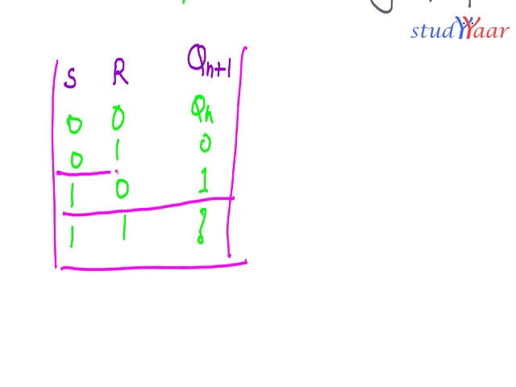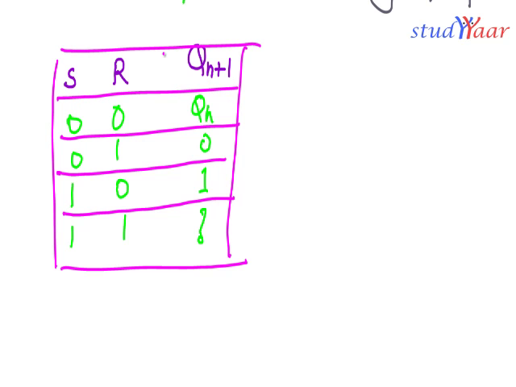So this is your truth table, or in other words, I call such a truth table where I have input variables and my next state a characteristic table.